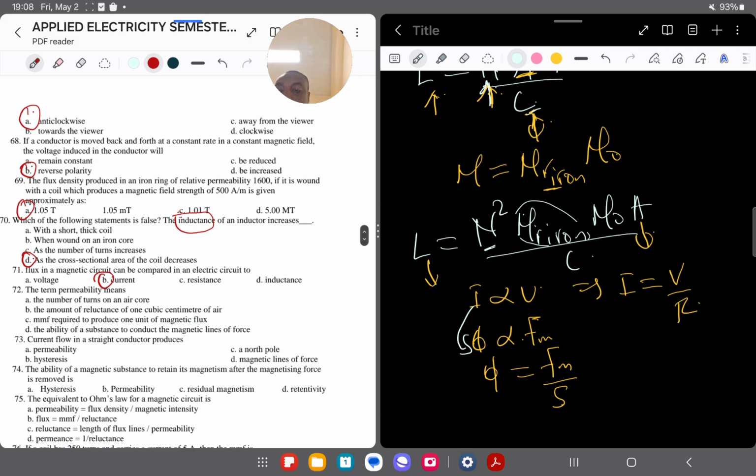The term permeability means how easily a magnetic field can be established in a material. If it is easier to establish a magnetic field in a material, we say the permeability is high. But if it's difficult, we say the permeability is low.